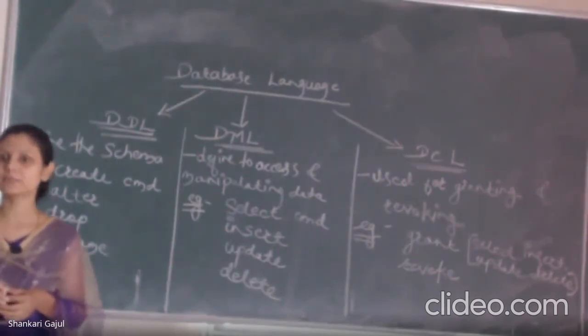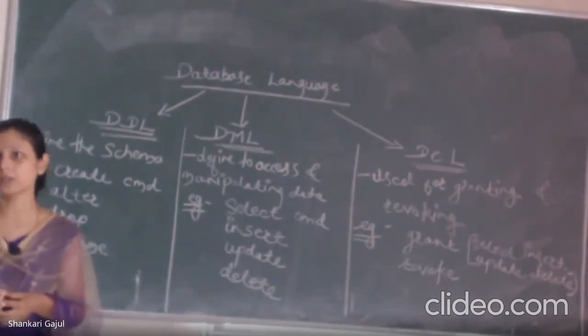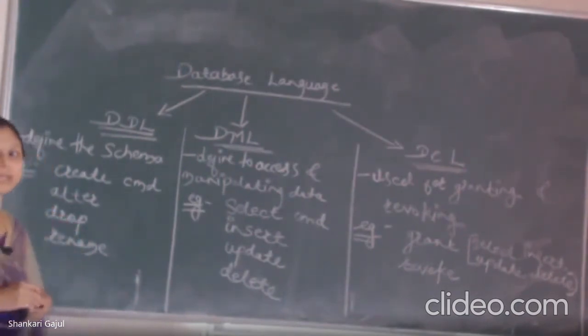In a database management system, there are three types of database languages. So what are those database languages?